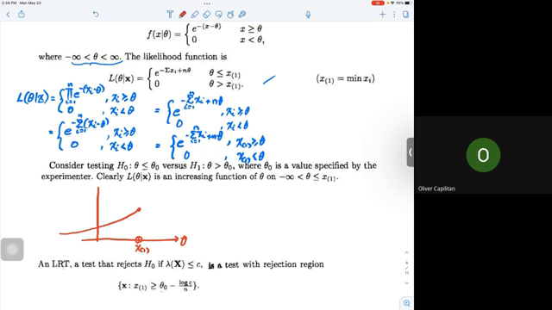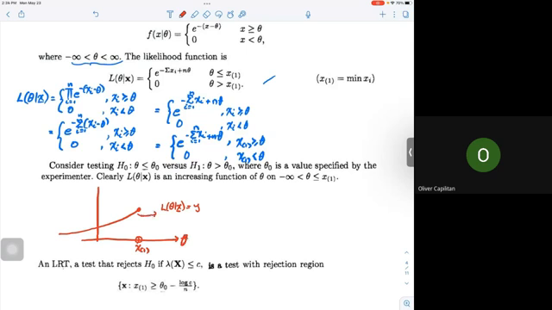And then we have this point. So this is actually our function, the likelihood function. Let me just label it y. The y here could either be the exponential of the summation of x sub i plus n theta, or it could be 0. It depends on the value of our theta.